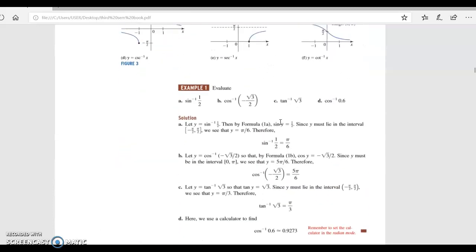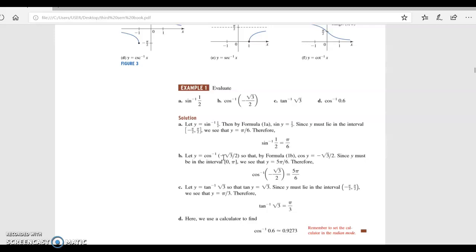So here sin y equal to 1 by 2. Since y must lie in the interval minus pi by 2 to pi by 2, we see that y equal to pi by 6. Therefore, sin inverse 1 by 2 equal to pi by 6.